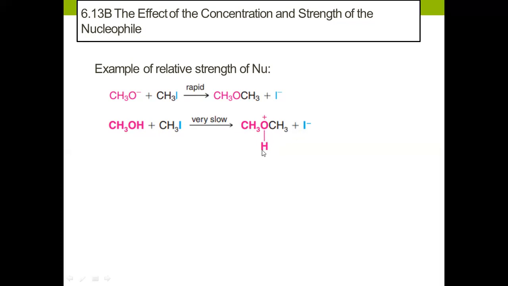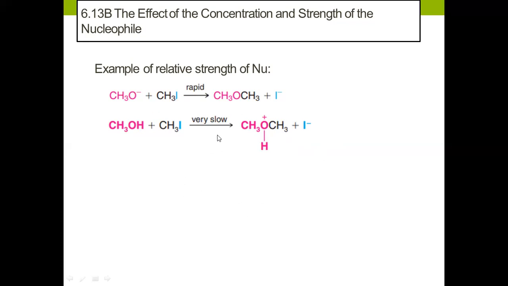Of course, this can be removed by using another base to abstract this hydrogen, to react with the positive hydrogen here, and the bond between oxygen and hydrogen will be returned to oxygen so that you don't get a positive oxygen. So there is a further step in here, but we are only considering the main steps of the reaction. Of course, the positive oxygen here is not the final product in a real setting. We will have another few steps to remove the hydrogen here to get CH3O, CH3. There is another step for that.